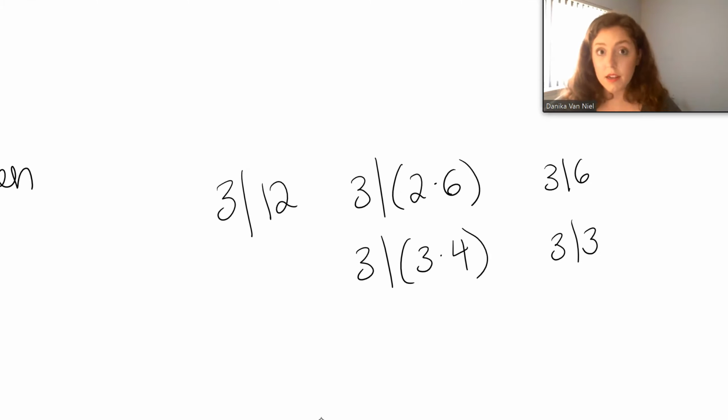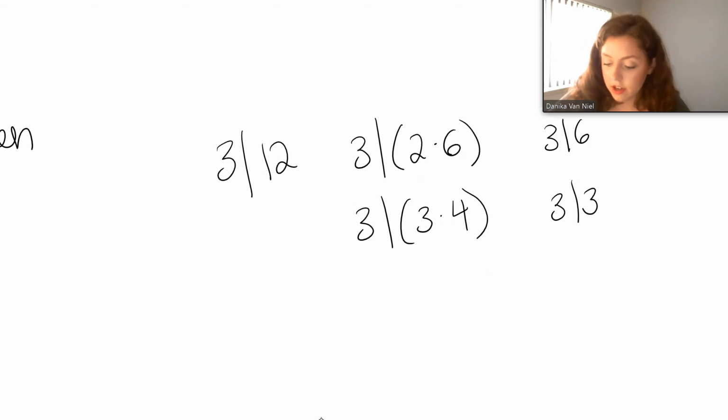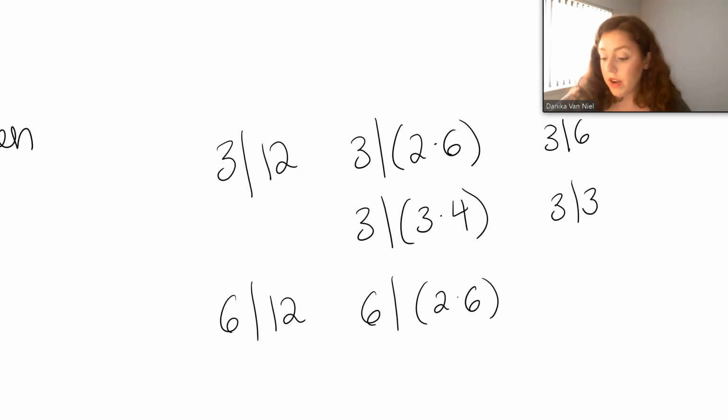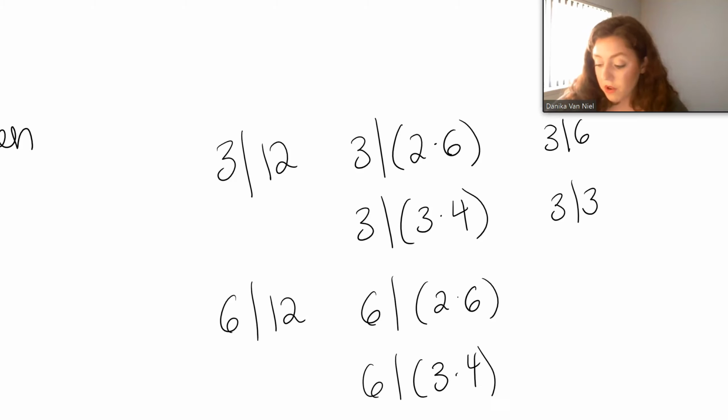But it's because 3 is prime that we're allowed to do this. Consider 6 dividing 12. 6 is not prime. 6 divides 2 times 6, but 6 divided by 3 times 4, 6 doesn't divide 3, and 6 does not divide 4 either. So that's why it's special with prime stuff.